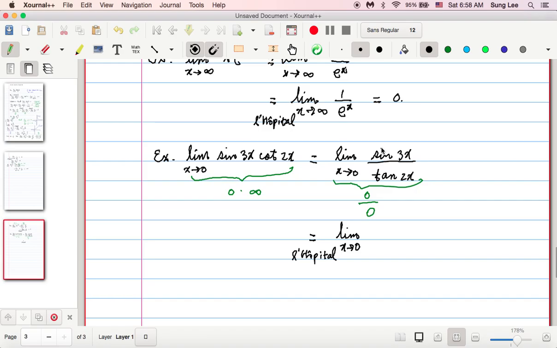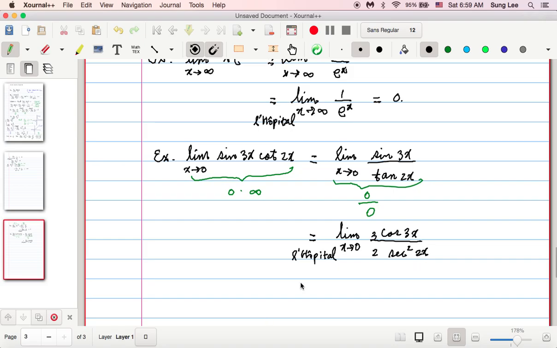The derivative of sine 3x is 3 times cosine of 3x, by the chain rule, over the derivative of tangent 2x, which is 2 times secant squared 2x, again by the chain rule.